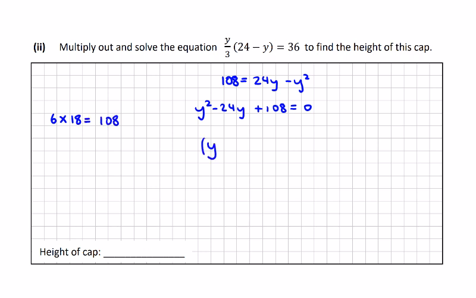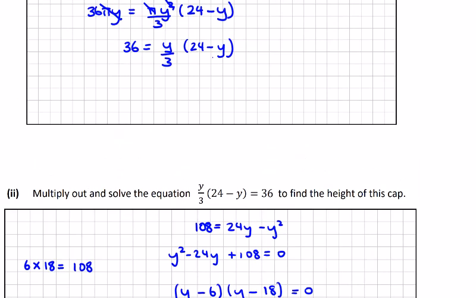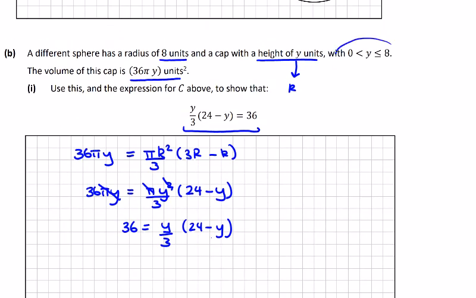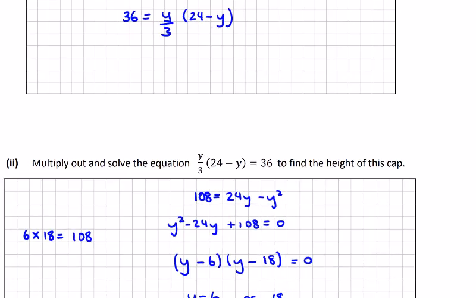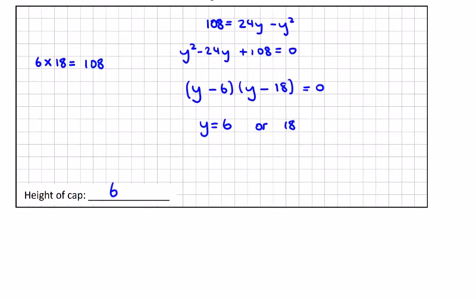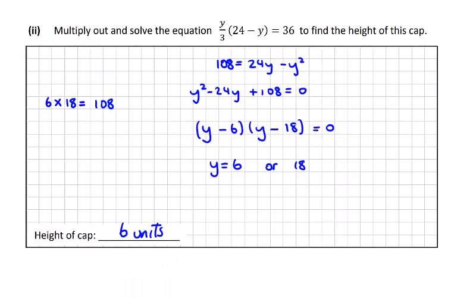So y minus 6 by y minus 18 are my factors. So y is equal to 6 or 18. Why did we get two values? Because they gave us the information that y is between 0 and 8. So y has to be 6 units. Did they give us centimeters? No.